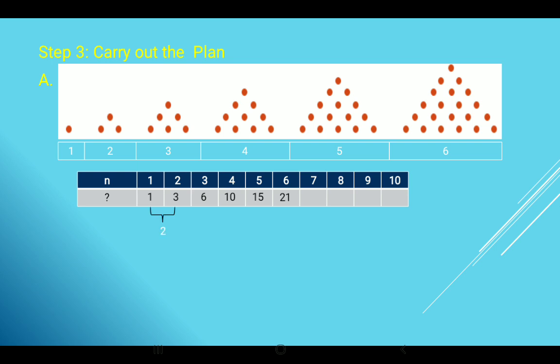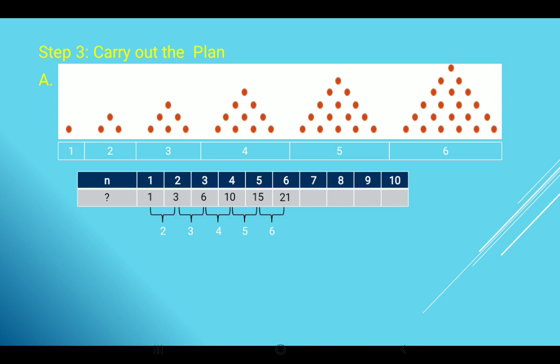So, 3 minus 1 is equal to 2. 6 minus 3 is equal to 3. 10 minus 6 is equal to 4. And 15 minus 10 is equal to 5. And 21 minus 15 is equal to 6. So, in the first difference, may nakikita na ba kayong pattern? Okay, wala pa. So, ibig sabihin, hahanapin pa natin yung second differences.